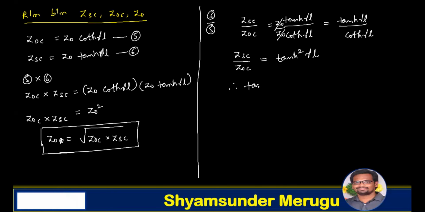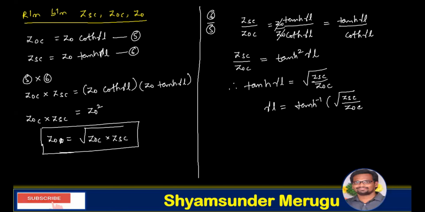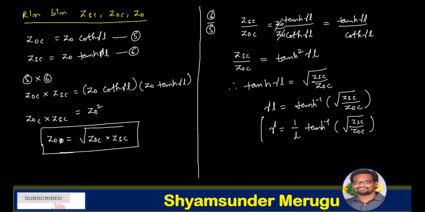So ZSC over ZOC is tanh squared gamma l. Therefore tanh gamma l equals the square root of ZSC over ZOC, gamma l equals tanh inverse of the square root of ZSC over ZOC, and gamma equals 1 over l tanh inverse of the square root of ZSC over ZOC, where this gamma is the propagation constant.